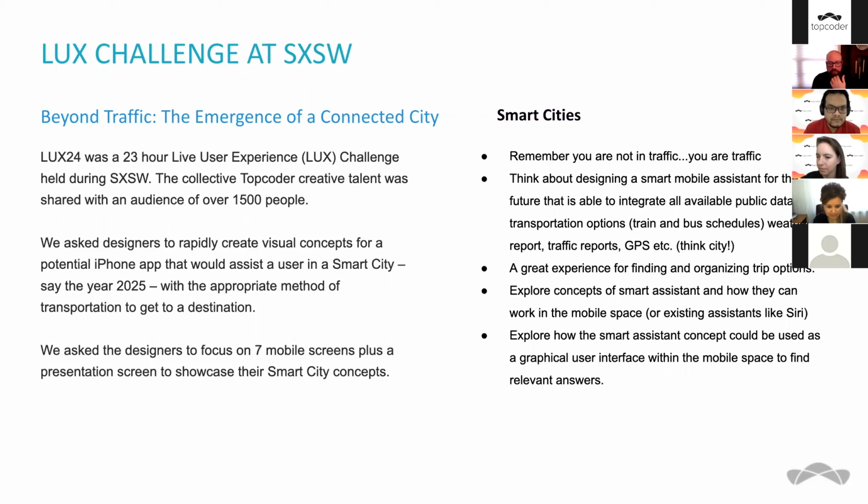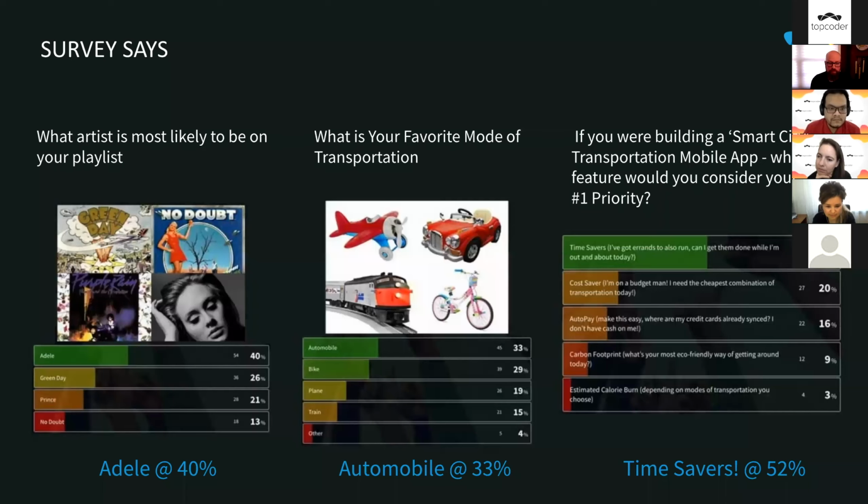So in a Lux challenge, in this case, we asked for 7 screens and then a presentation screen because, hey, we're at an event. We want to be able to throw that presentation up pretty quick that the designer wants to showcase their ideas. So as part of this, we also asked some survey questions, and we use this as inputs into this challenge to have some fun.